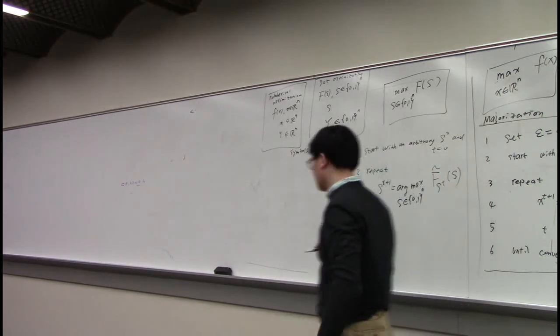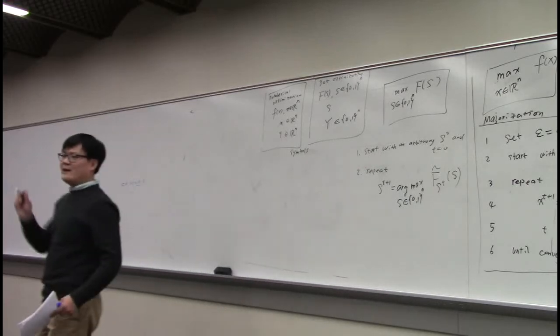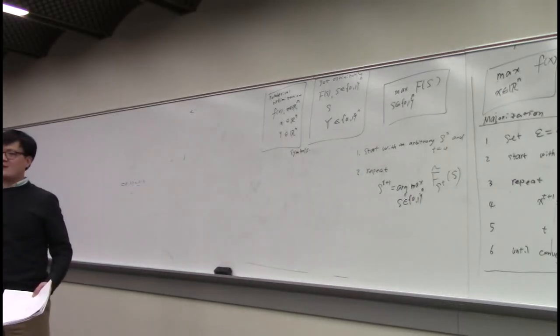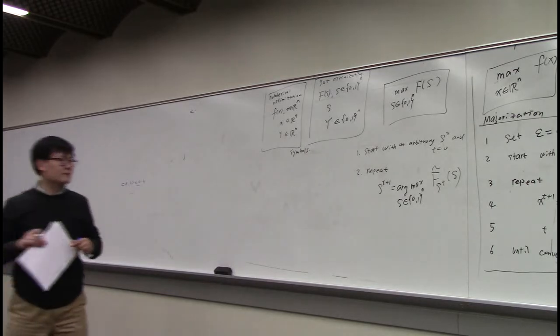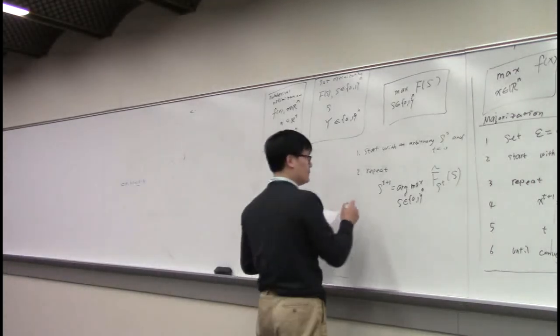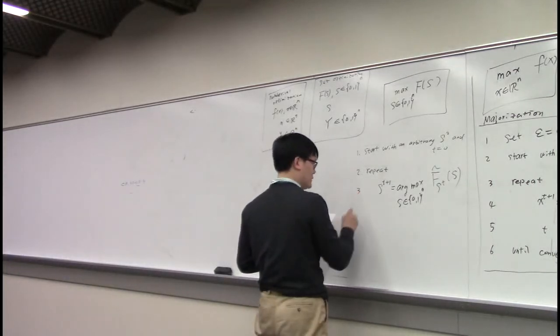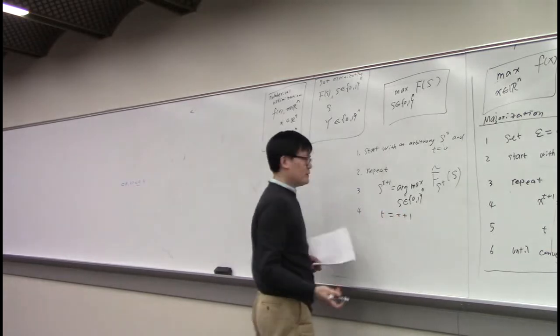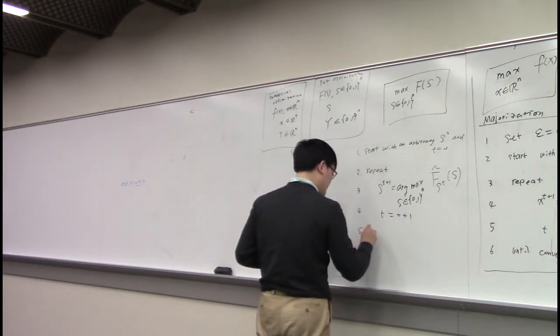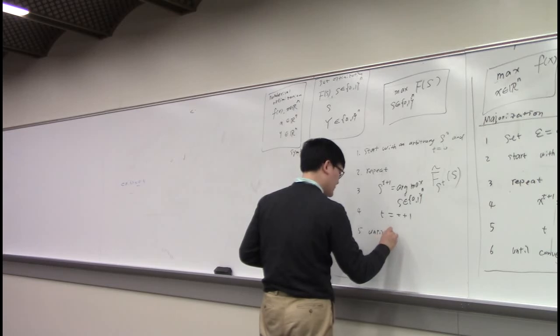You just replace x_t with S_t, and x with S. You find it's almost the same. And this is step 3. Step 4, we add one iteration, we move to another iteration until convergence.